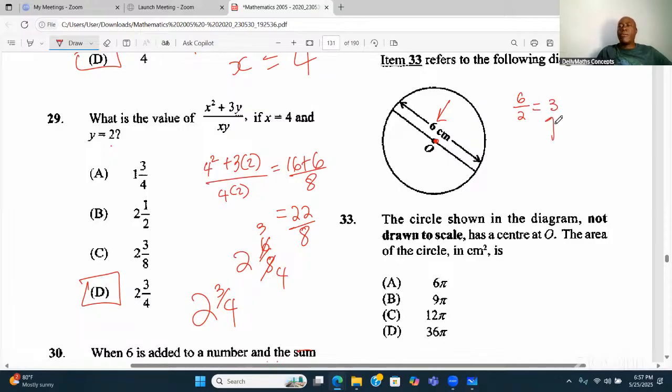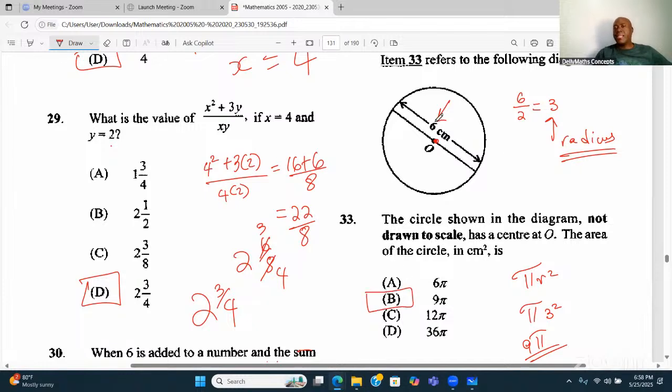Now, because my radius is 3, I could work out the area. The area of a circle is pi r squared. Pi is in the answer, so no big deal. Pi times 3 squared, so this is actually 9 pi. It's very simple. 9 pi right here.